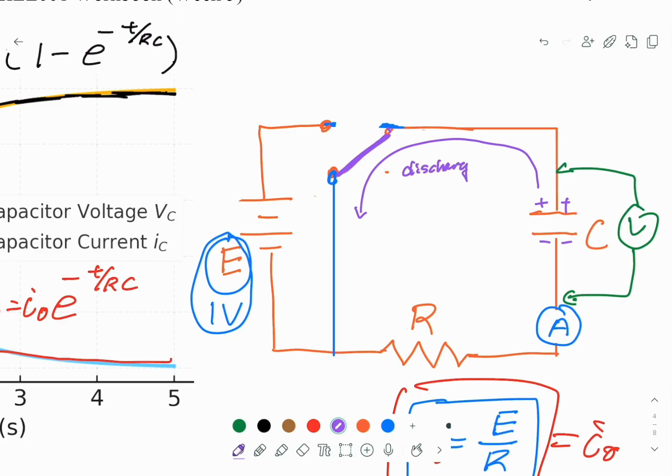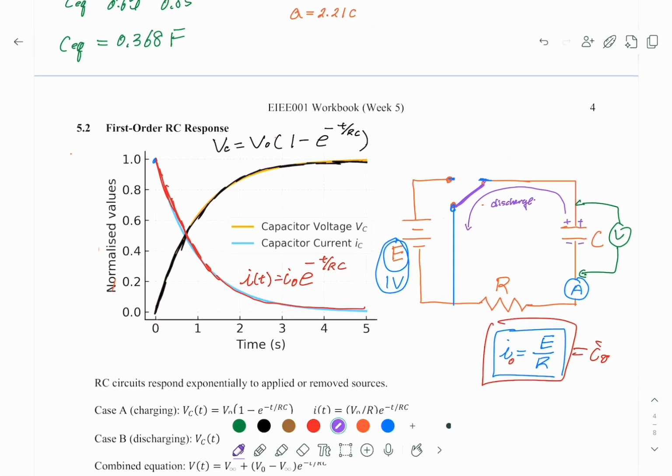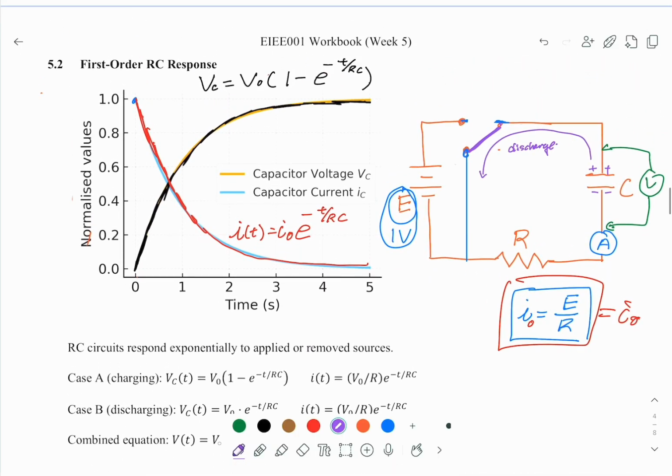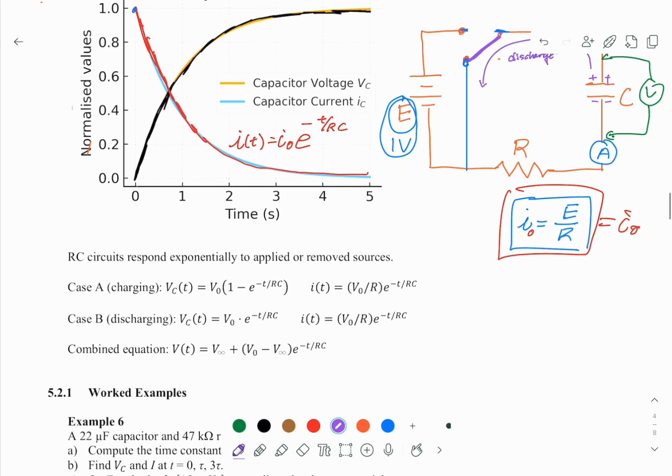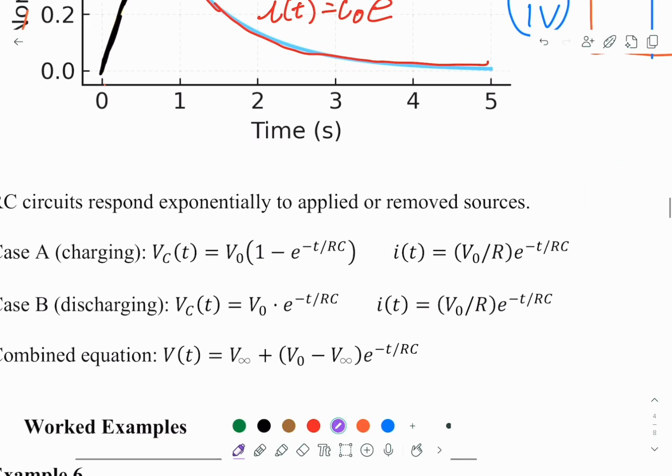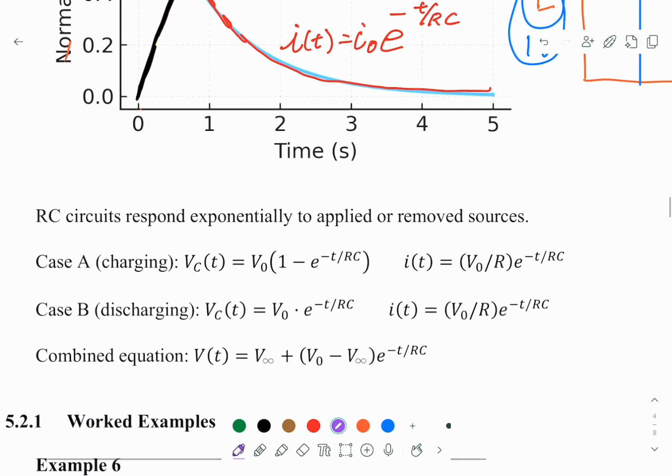During the discharge process, the voltage across the capacitor will exponentially decay, and the current also exponentially decays. So these are all the 4 equations describing the 4 cases. Charging, the voltage across the capacitor is V0(1 - e^(-t/RC)).